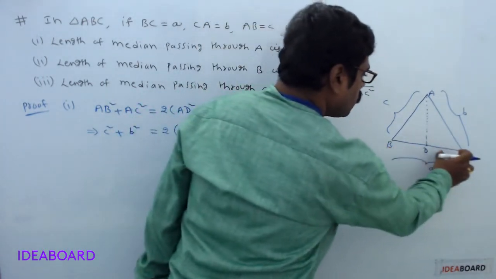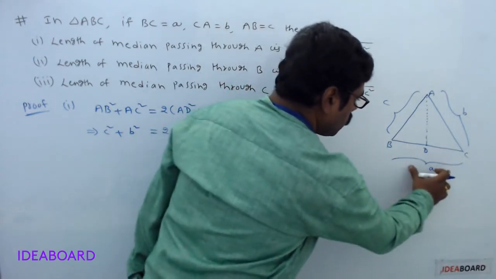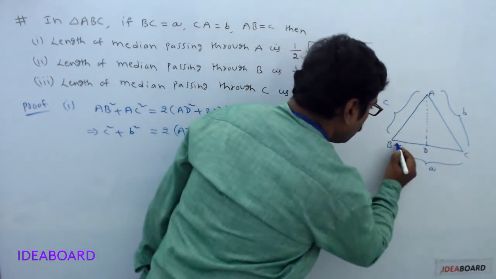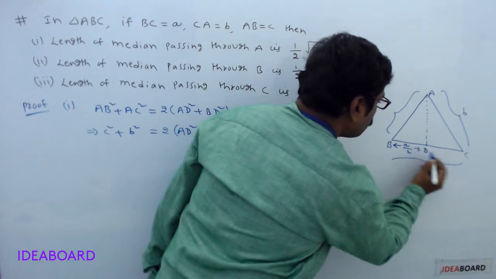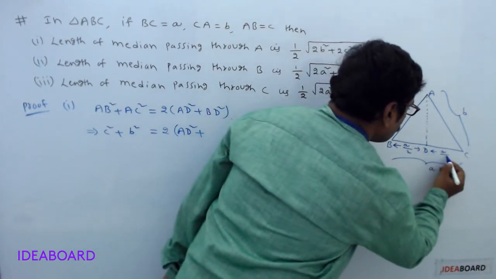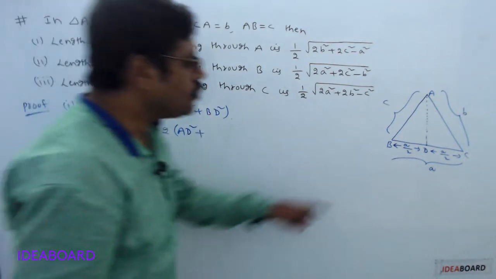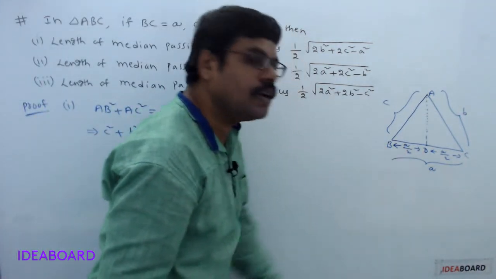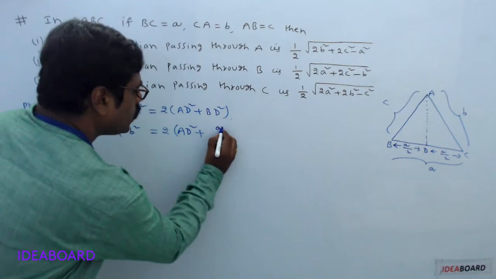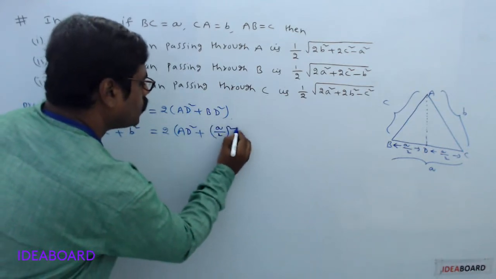So BD equals DC. Now this total length is A. So BD length is A by 2, DC length is also A divided by 2. So we need the value of BD. BD is nothing but A by 2. So it is (A by 2) whole square.